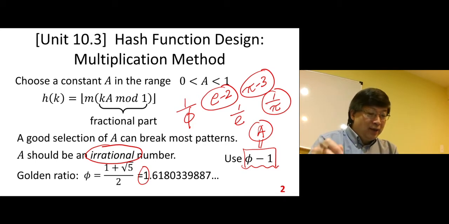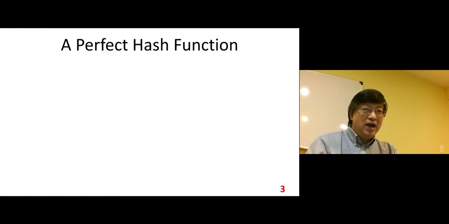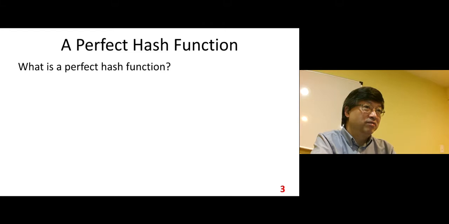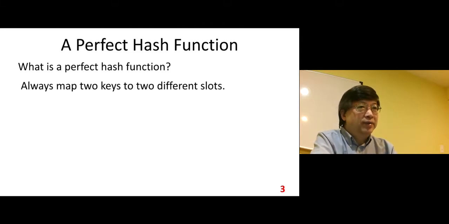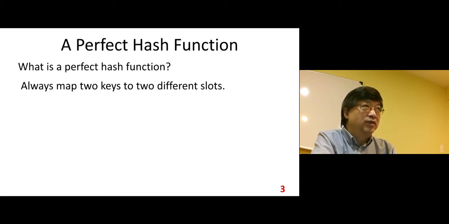A perfect hash function. Now let's look at if we can get a perfect hash function. So what is a perfect hash function? It should have this property: always map two keys to two different slots, always.